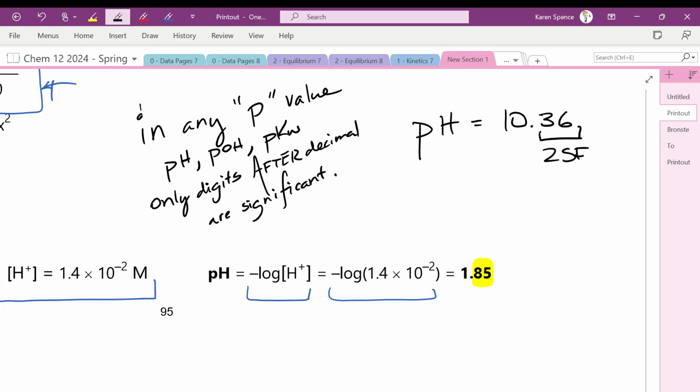Forget about all this after the decimal nonsense. So if I give you hydrogen ion concentration, just do normal sig figs, okay? It's only p-values because they have had a log taken, and that number in front of the decimal is the exponent. And the exponent is not part of your sig figs, okay? So here we have 2 sig figs, which means over here we need to have 2 sig figs, which are the 2 after the decimal. Okay?